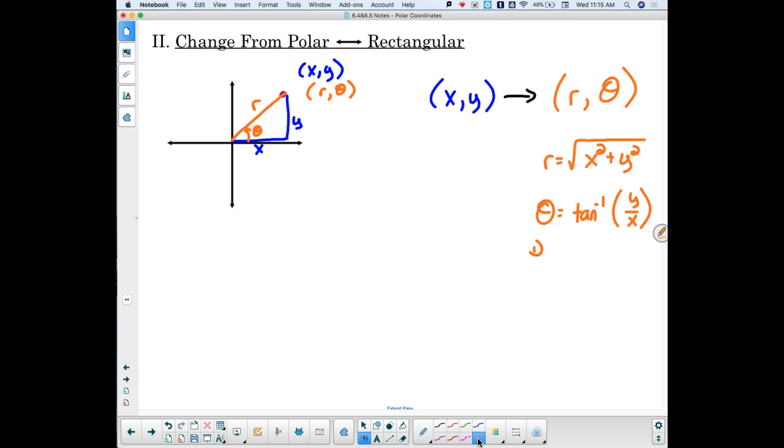So first caveat is we drop negative signs. I better just write that out so we don't forget. And then the second thing is that gives us a reference angle.